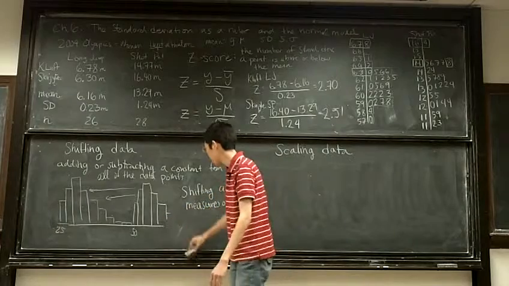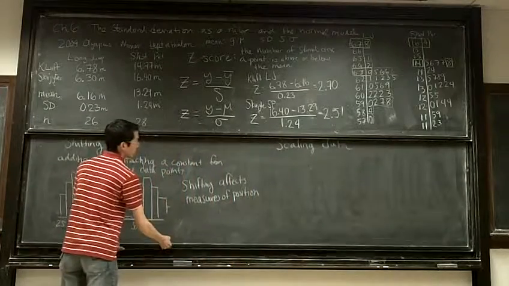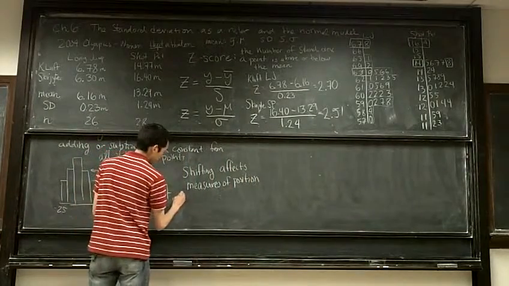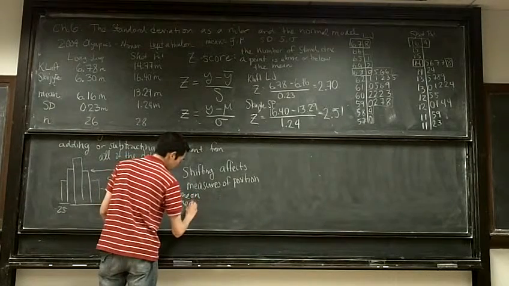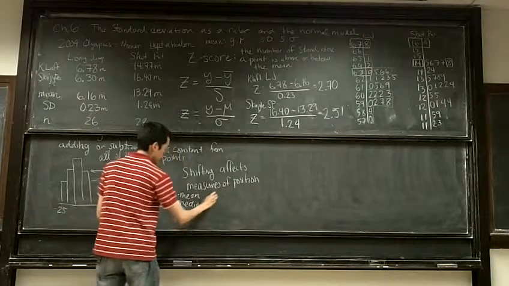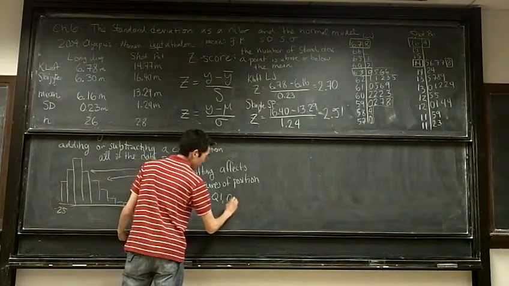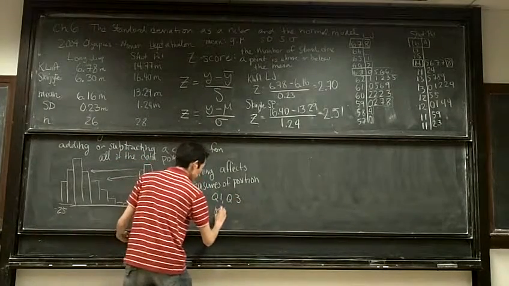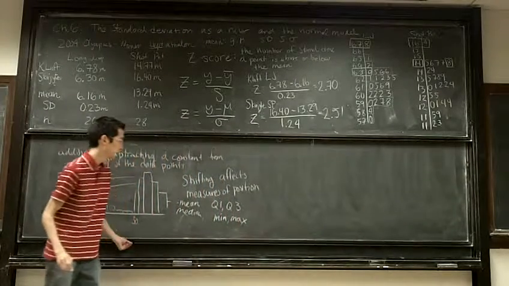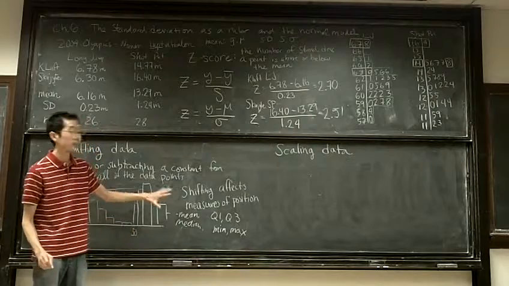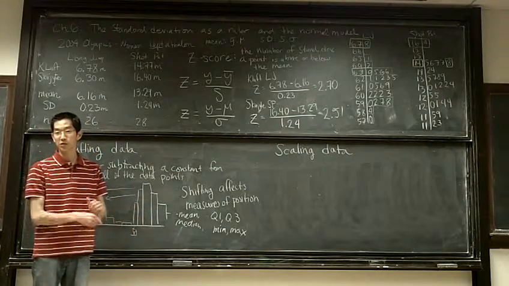So I'm going to list these off right here: the mean, the median, the quartiles, Q1, Q3, and the minimum and the maximum. Shifting does not affect measures of spread.